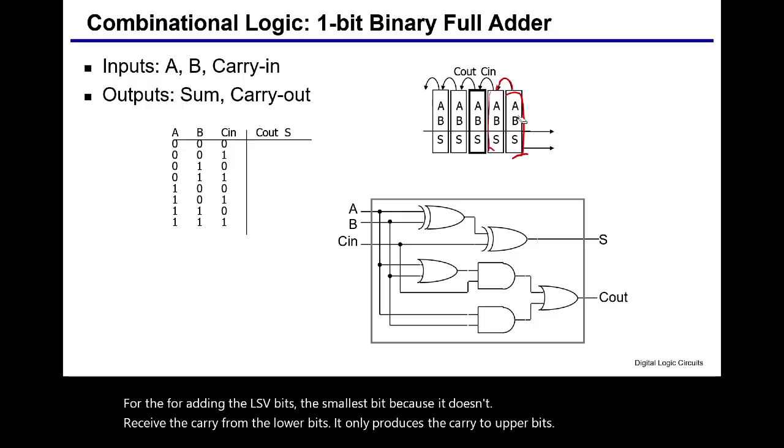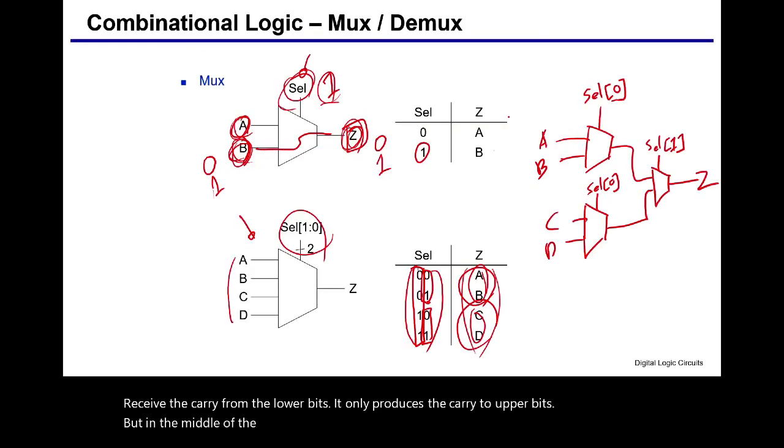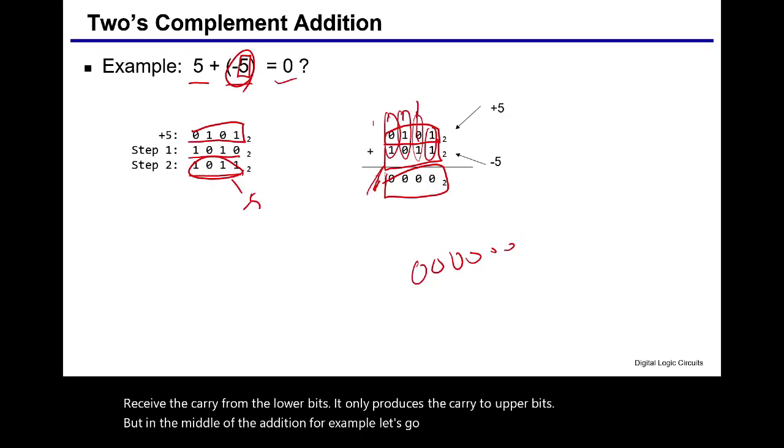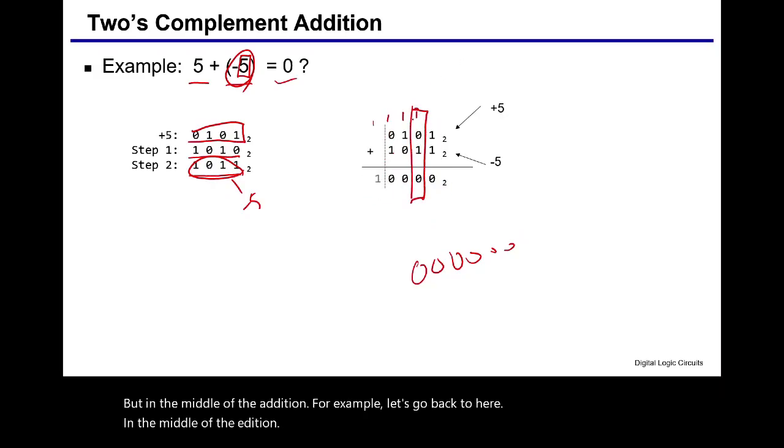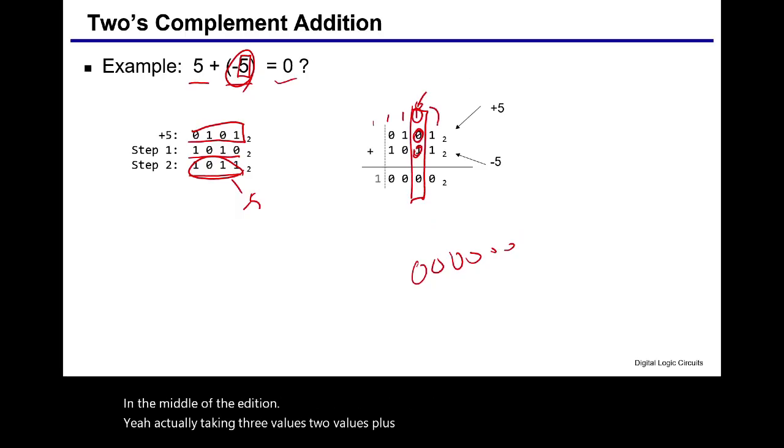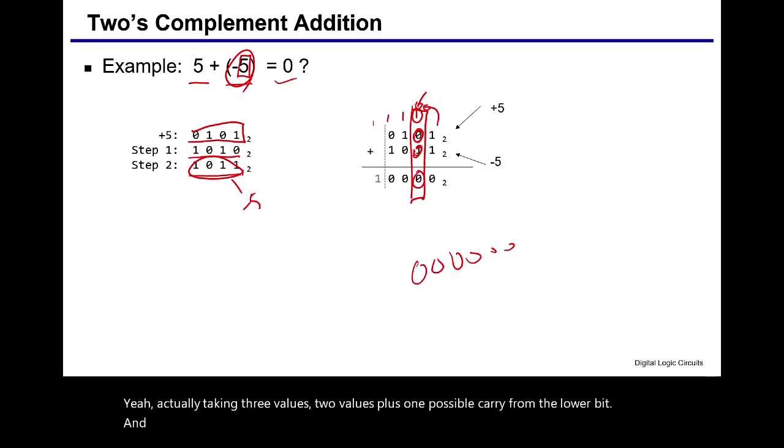But in the middle of the addition, for example, let's go back to here. In the middle of the addition, we are actually taking three values, two values plus one possible carry from the lower bit. And it also produces a sum value and another carry to the upper digit.